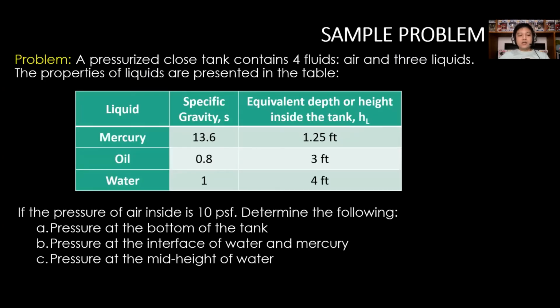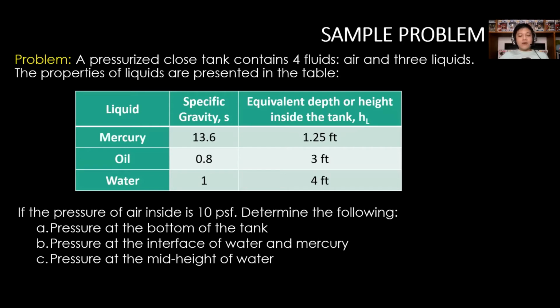So let us now consider our sample problem. A pressurized closed tank contains 4 fluids: air and 3 liquids. The properties of the liquids are presented in the table. For the liquids, we have mercury, oil, and water, with the corresponding specific gravities and the equivalent depth or height inside the tank.